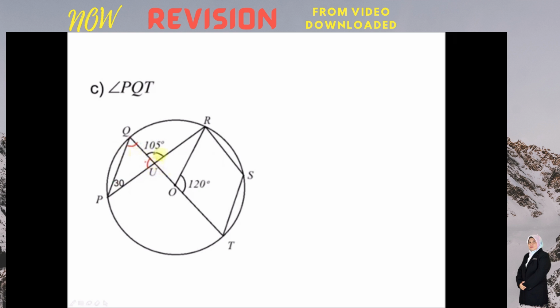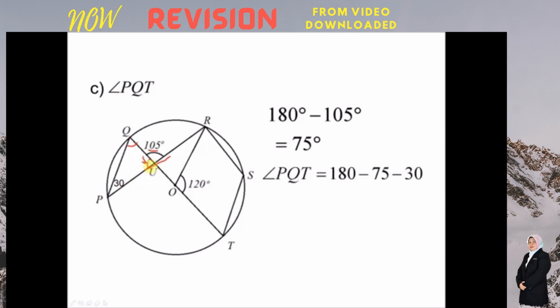To find this angle, this is a straight line, so 180 minus 105 gives 75. Then 180 minus 30 minus 75, you find angle PQT, which is also 75 degrees.